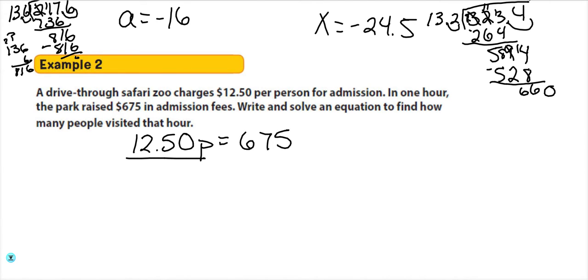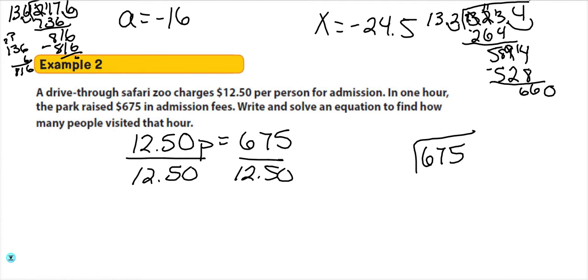So we're going to divide it. Okay, so let's do that out here to the side. So we have 675 divided by 1250. Back up 2 spots.